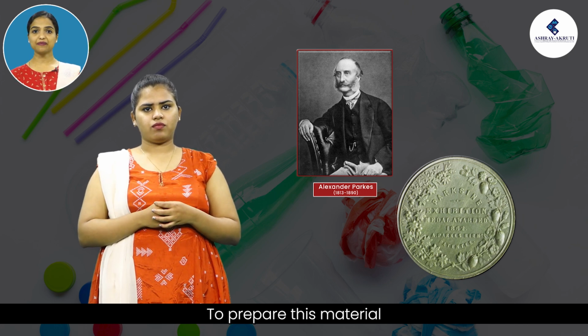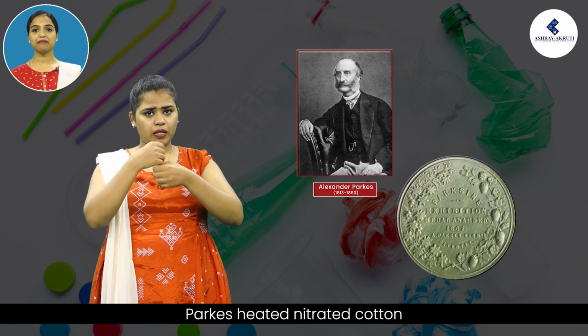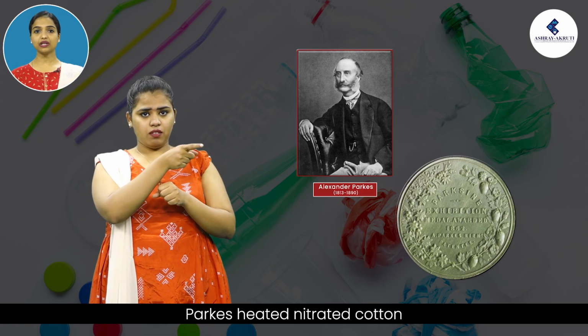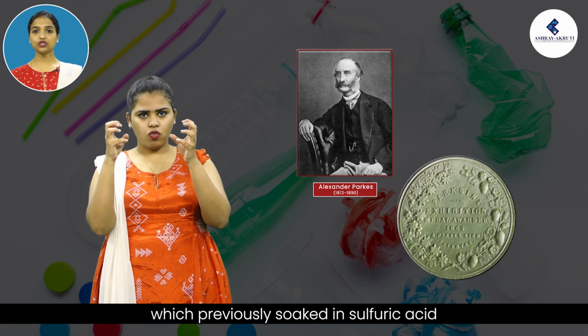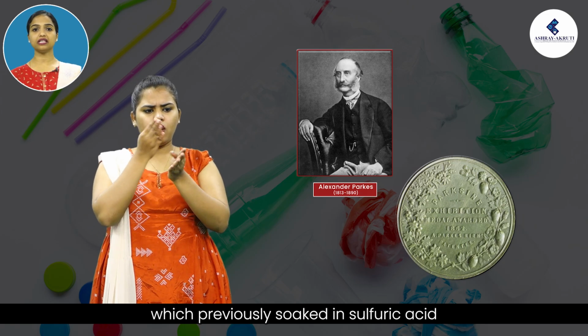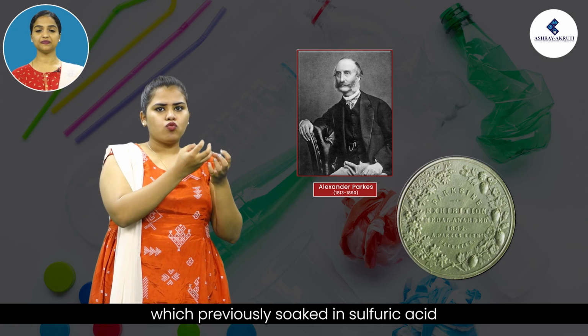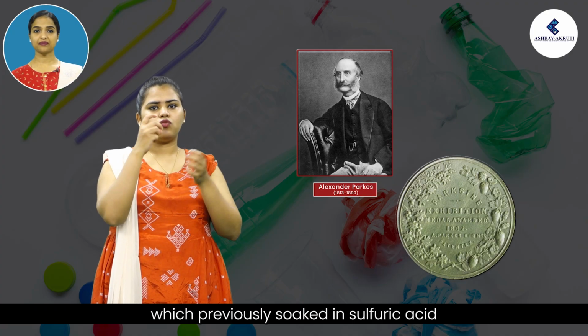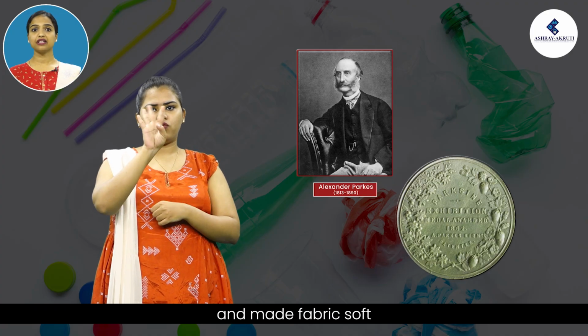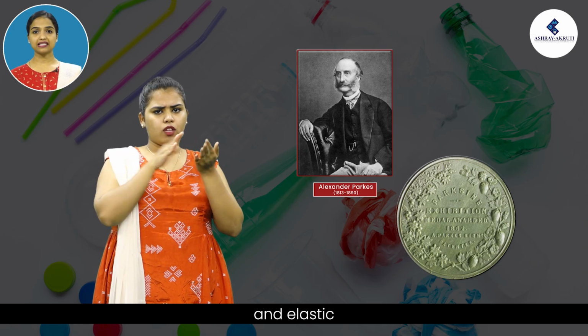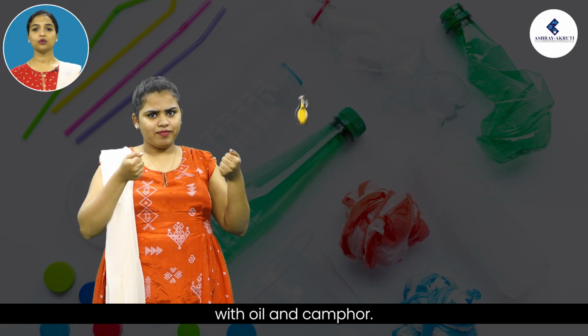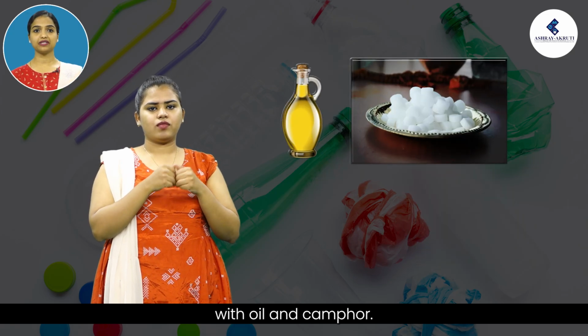To prepare this material, Parkes heated nitrated cotton, which was previously soaked in sulfuric acid, and made the fabric soft and elastic with oil and camphor.